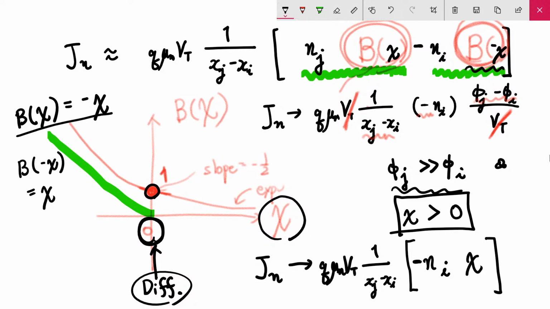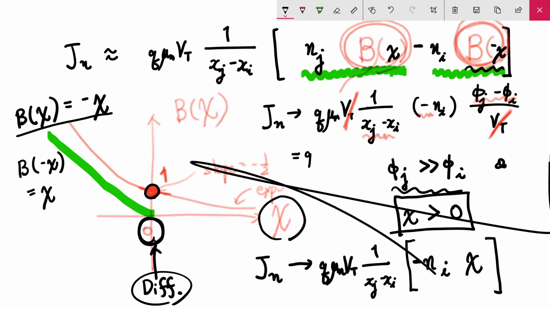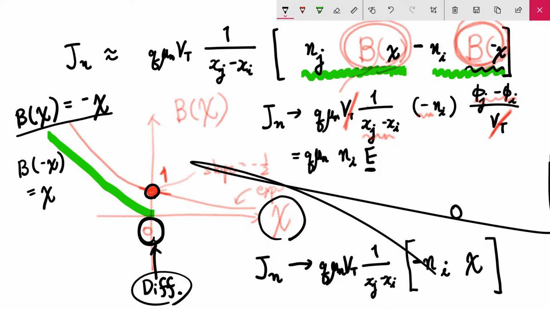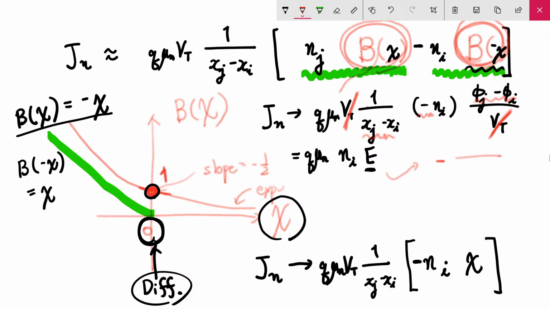Finally you get the form q mu n, your n i, and your approximate expression for the electric field E. When I write it down once again, E should be written as minus phi j minus phi i over x j minus x i.